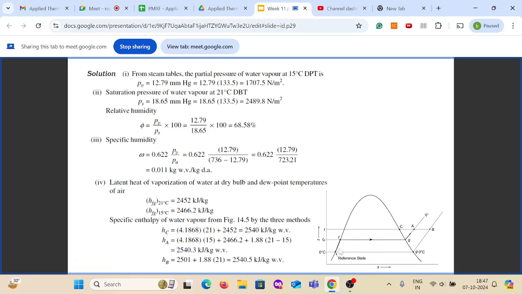Similarly, if you follow the other process, 0 to F and F to G and A, there is sensible heating of water, then phase change, and then sensible heating of water vapor.